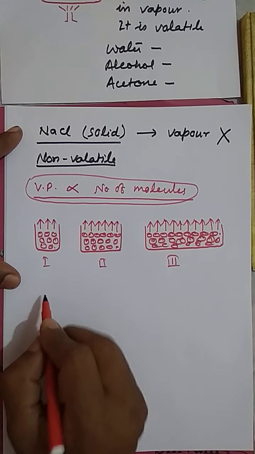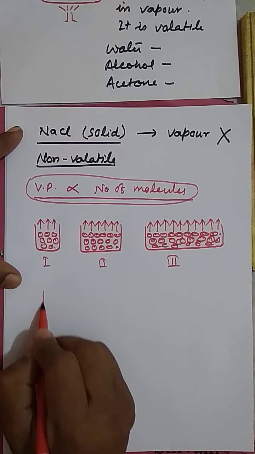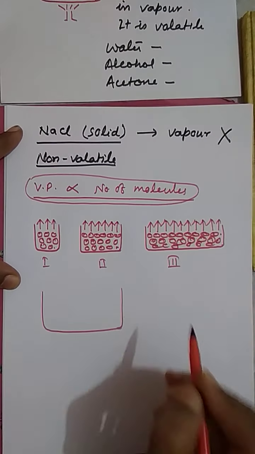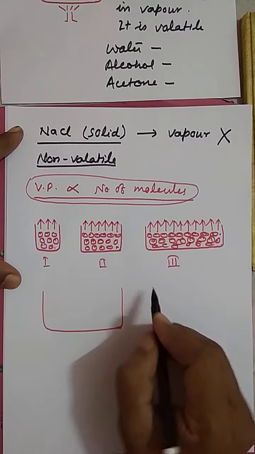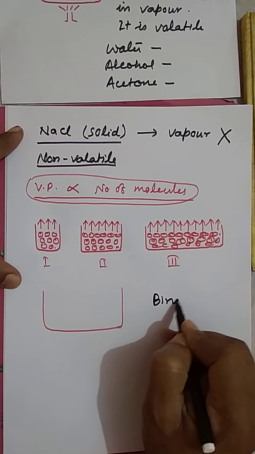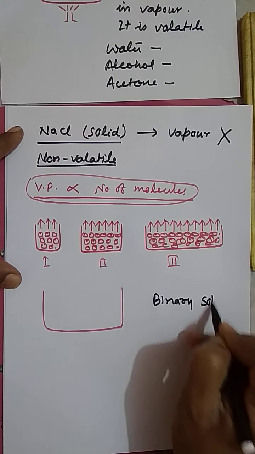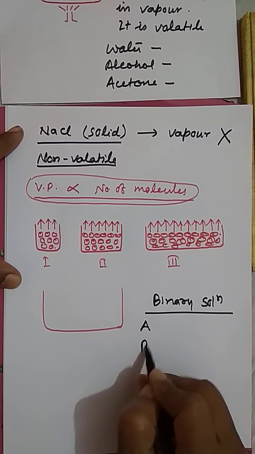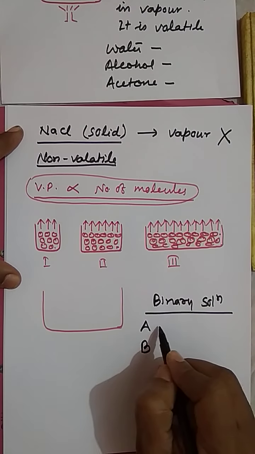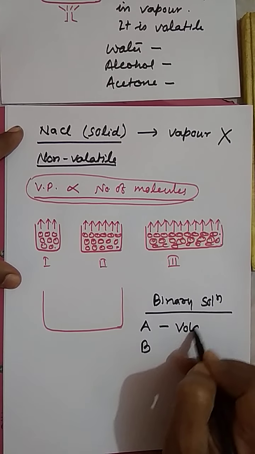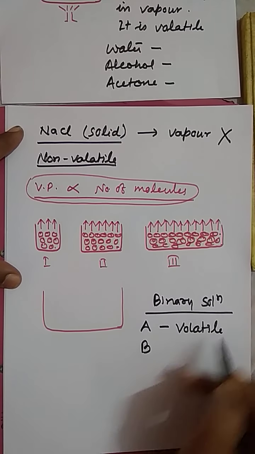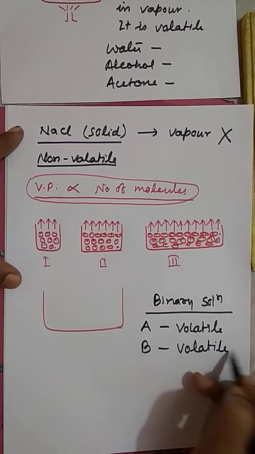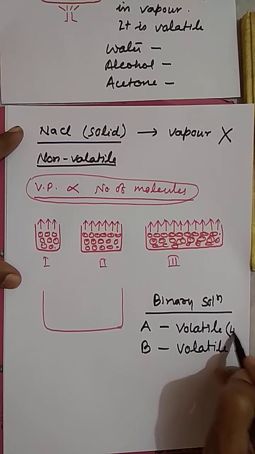Now friends, suppose there is a solution of two components, you can say a binary solution of two components A and B, where A is volatile and B is also volatile. Both are volatile, or you can say both are liquid.